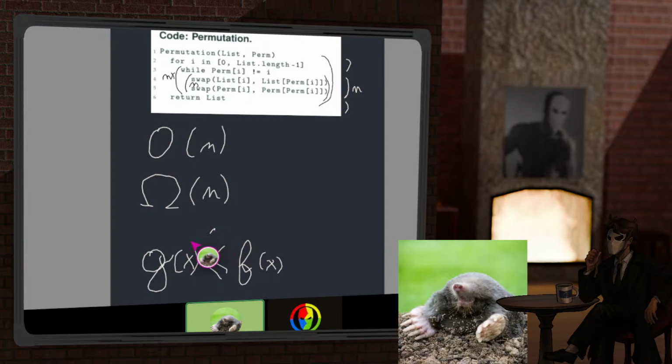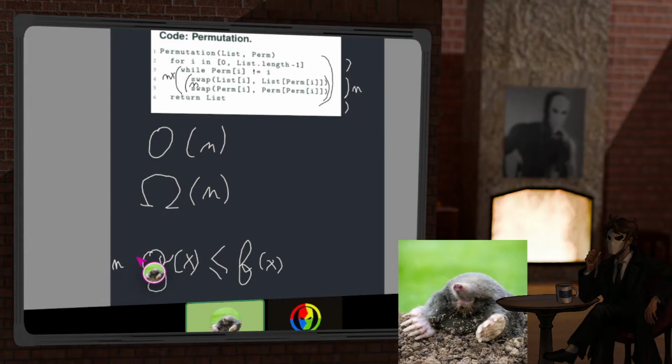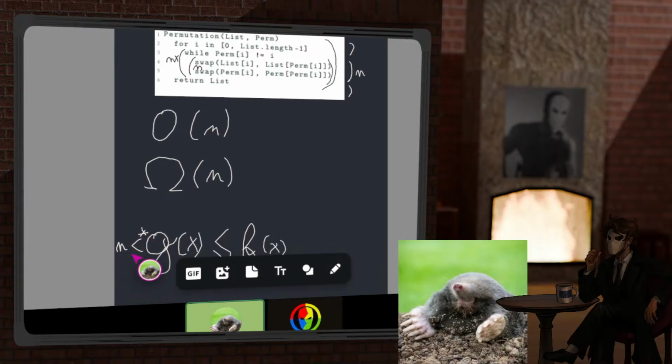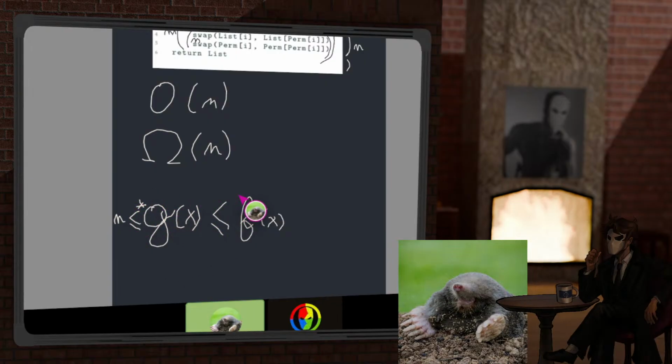So it would be similar to saying that n is smaller, I want to put an asterisk on this smaller, smaller or equal to g of x. And so if we can show that this is true, necessarily f of x will also be greater or equal to n.